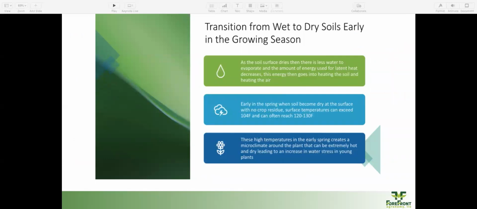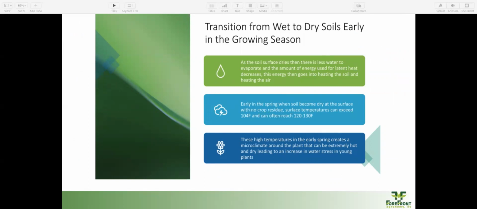We go from wet to dry and dry to wet every growing season. And something that we want to think about is as that soil surface dries, then there's less water to evaporate, and the amount of energy used for latent heat decreases. But that energy then goes into heating the soil and the air instead of heating the plant.